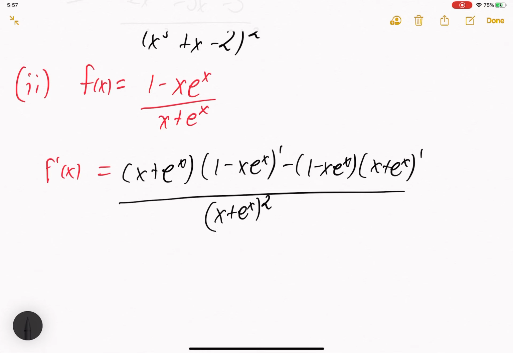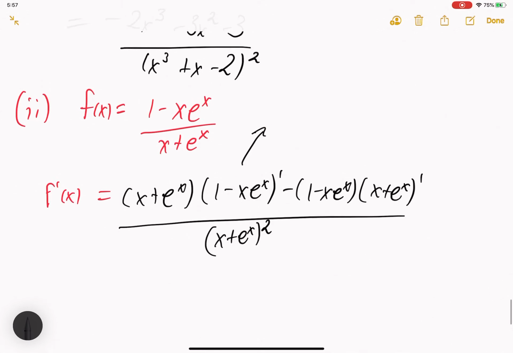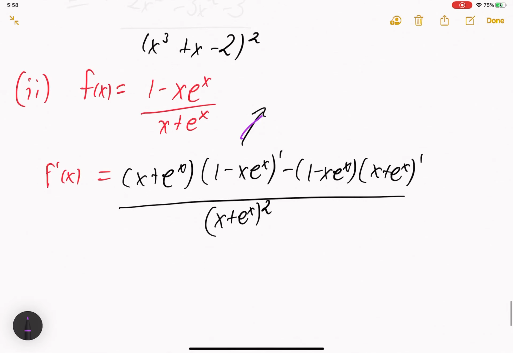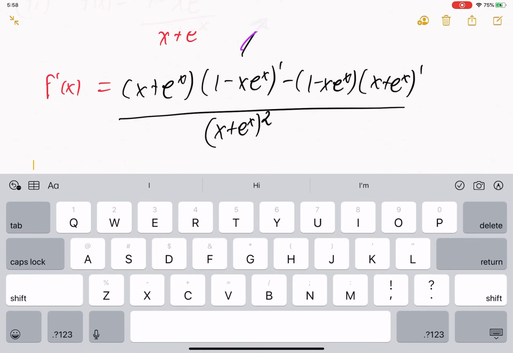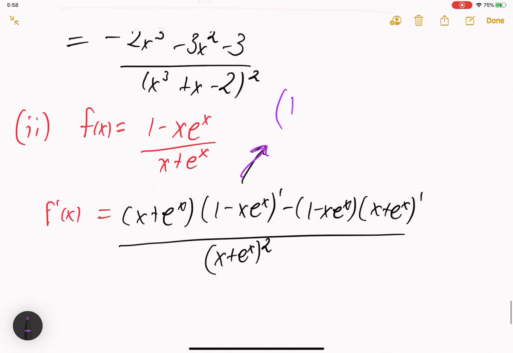All right, so I'm going to do some math off on the side and say what this is. So 1 minus x e to the x, what this is going to be equal to is, we're going to take the derivative of that. The derivative of 1 is just 0. Then we have the minus, and then we have to use the product rule on x e to the x.